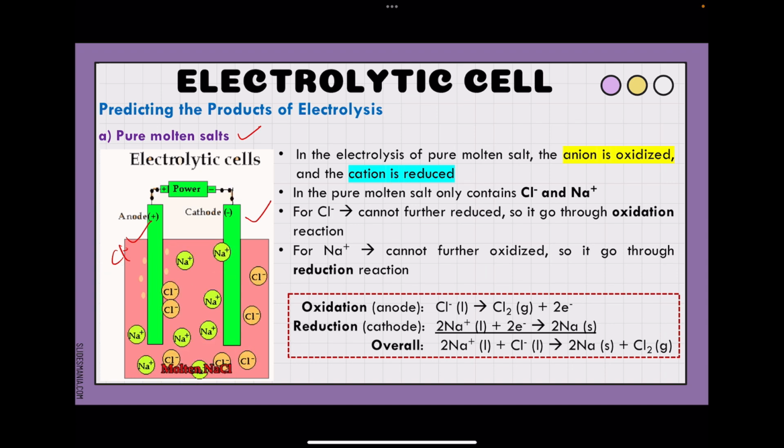Meanwhile, at the cathode, sodium ions are reduced to sodium metal. The overall reaction gives solid sodium and chlorine gas. Notice that chloride ions cannot be reduced further and sodium ions cannot be oxidized further, so they undergo the opposite process.